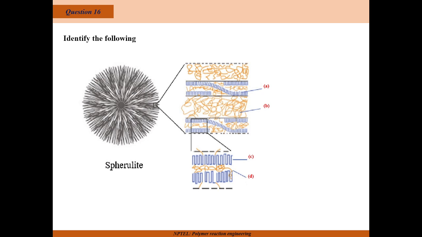A is more like the crystalline part, and B is amorphous, where everything is mixed together, not in an ordered way.